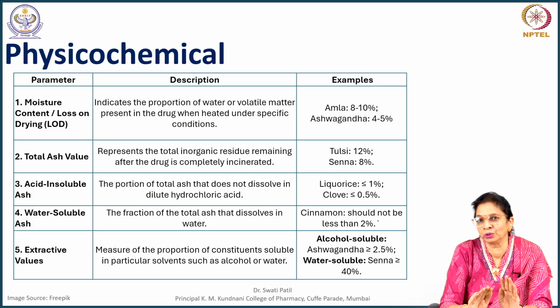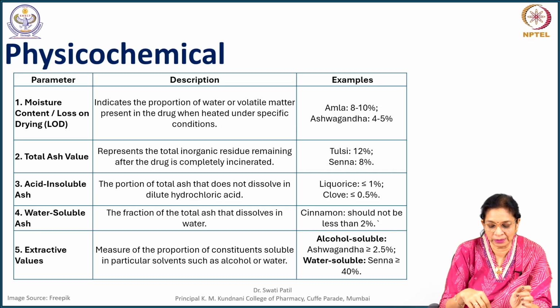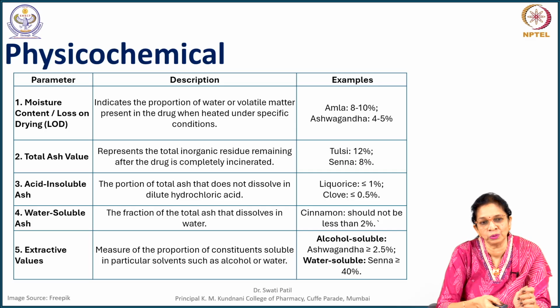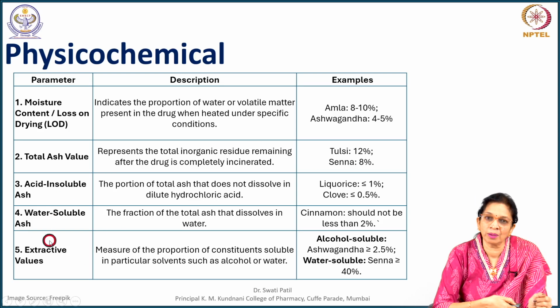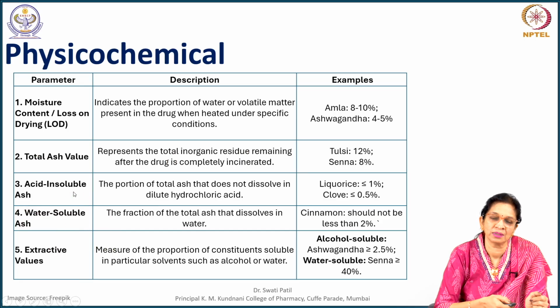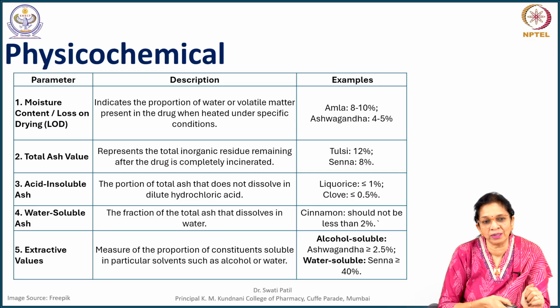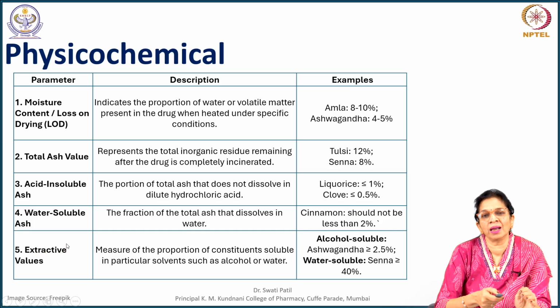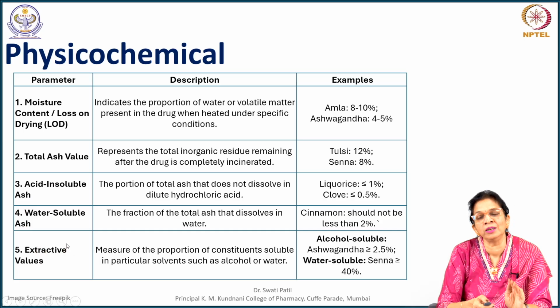The ash value should not be very high, and there are different types of ash values. Water soluble ash tells us the total amount of constituents present. Acid insoluble ash tells us the total amount of inherent inorganic matter like calcium oxalate present in the drug, and extractive value tells us how much the drug is yielding to a particular solvent.